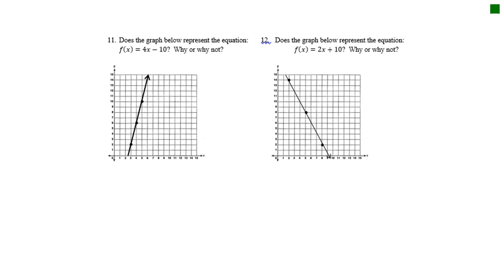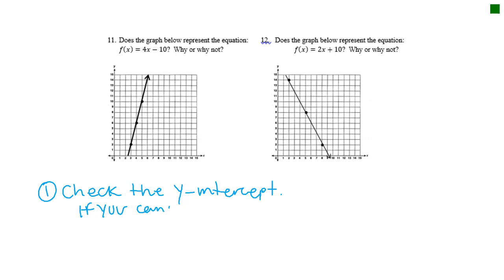Alright, the very last problem. There are 2 steps. The first one, you need to check the y-intercept. If you can't check the y-intercept, your second step will be to check the slope.